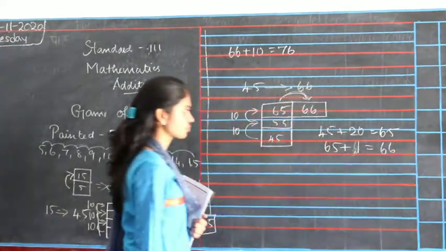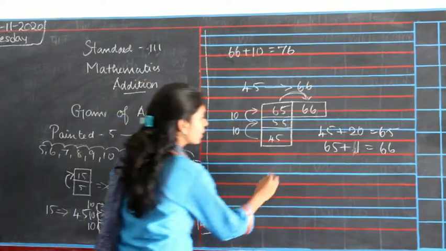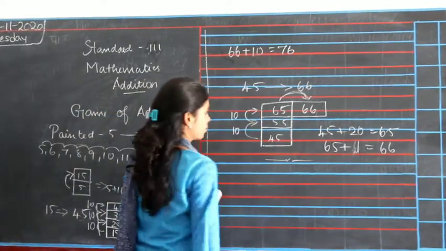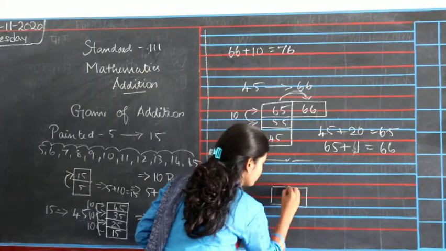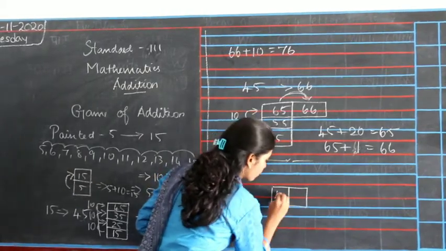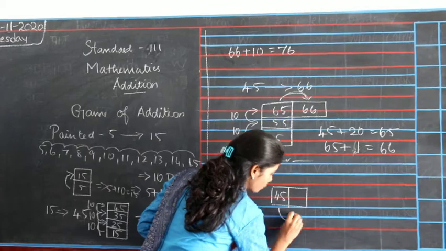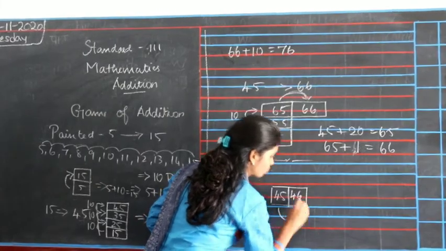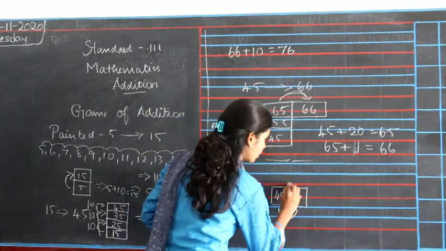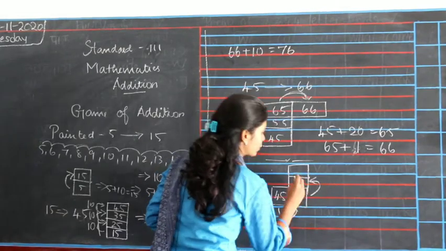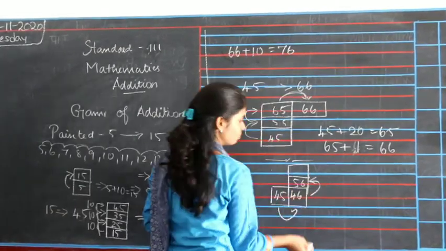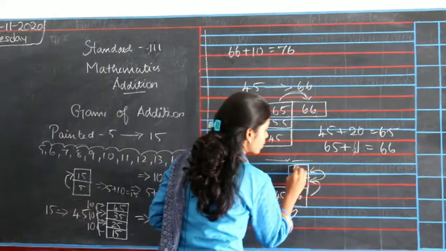Or he can use another method, like he will pass from 45th room to 46th room, from where he will have one jump, which is 56th room, and then another jump to 66th room.